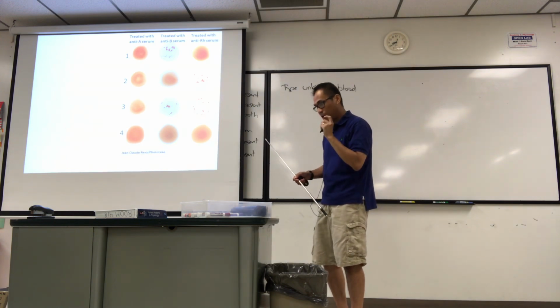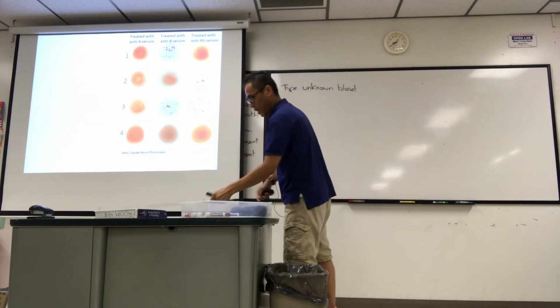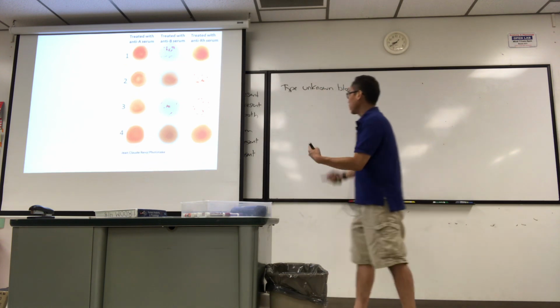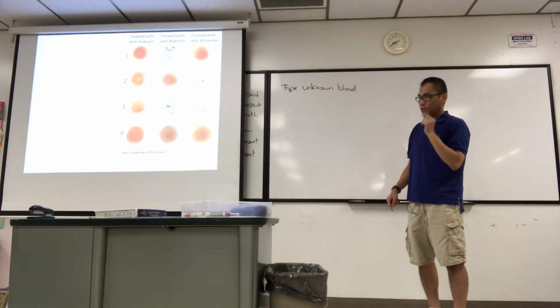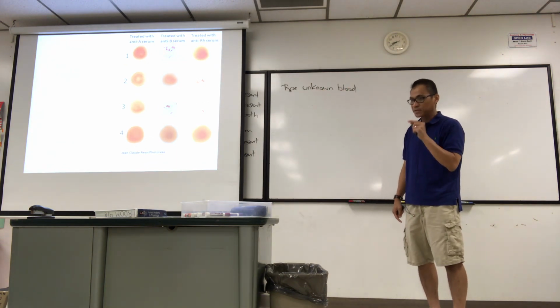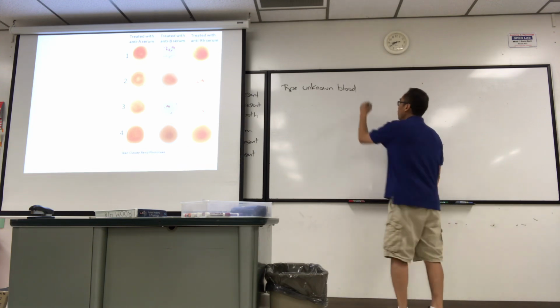And what you do is you take your unknown blood. Let me say it this way. When you type unknown blood, you're testing for the presence or absence of antigens. Let me write that down.